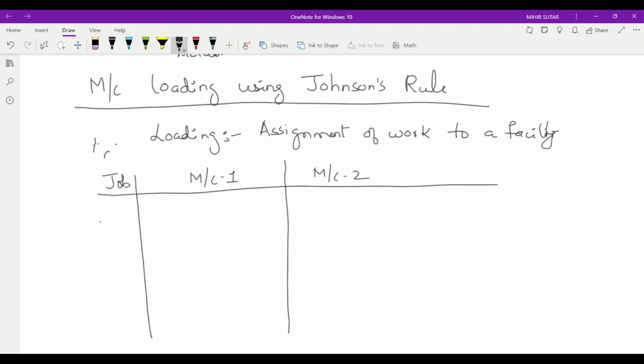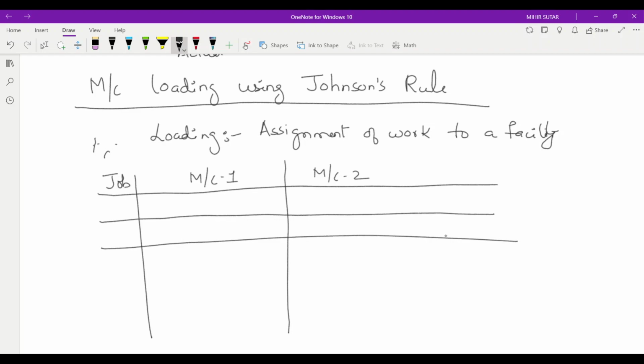I'm telling you the rule, it's very interesting and very easy to calculate also. Suppose it is job number one. You know that a part has to be processed through various sequences of operations. So it is job one, or the first sequence of operation. It will be done by machine one first and then machine two. Suppose the time taken by machine one is T11, and the time taken by machine two is T12.